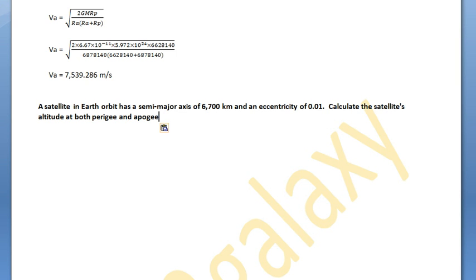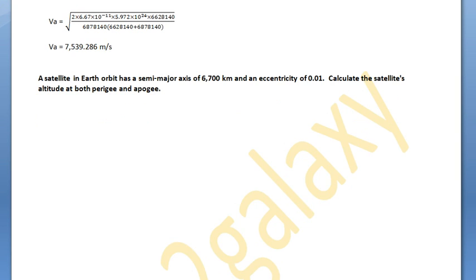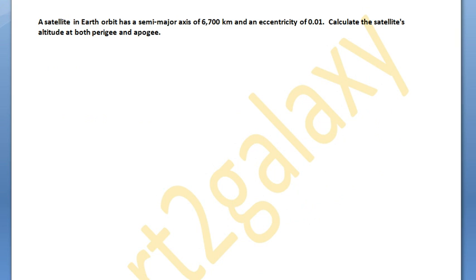Our next problem for today is: a satellite in Earth orbit has a semi-major axis of 6,700 km and an eccentricity of 0.01. We have to calculate the satellite's altitude at both perigee and apogee. This is a very simple problem. So let's move to the solution.